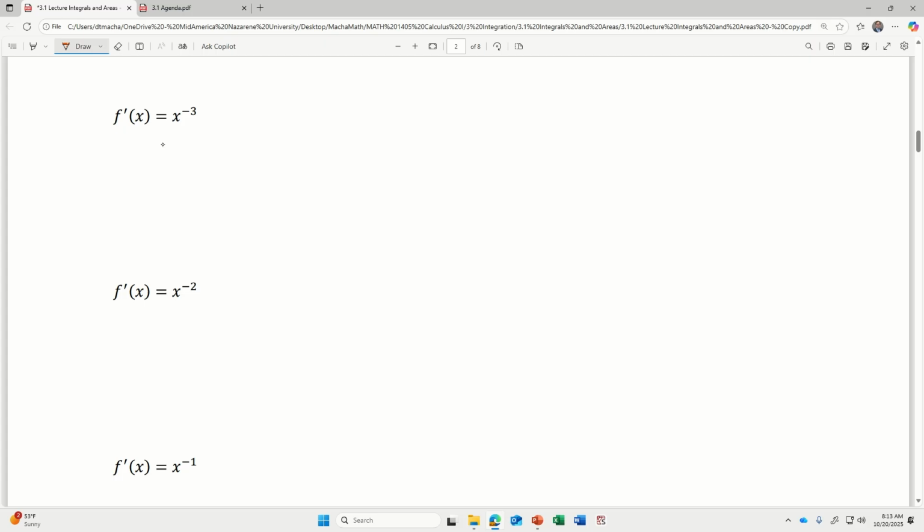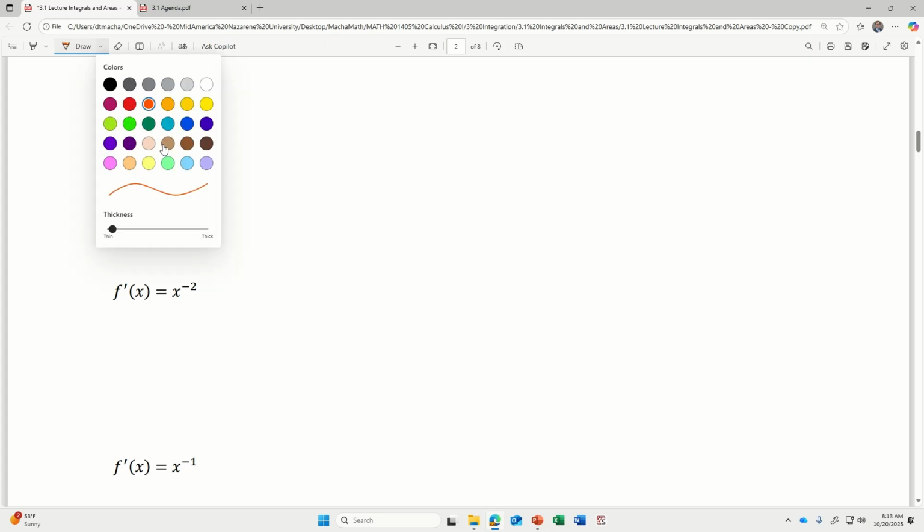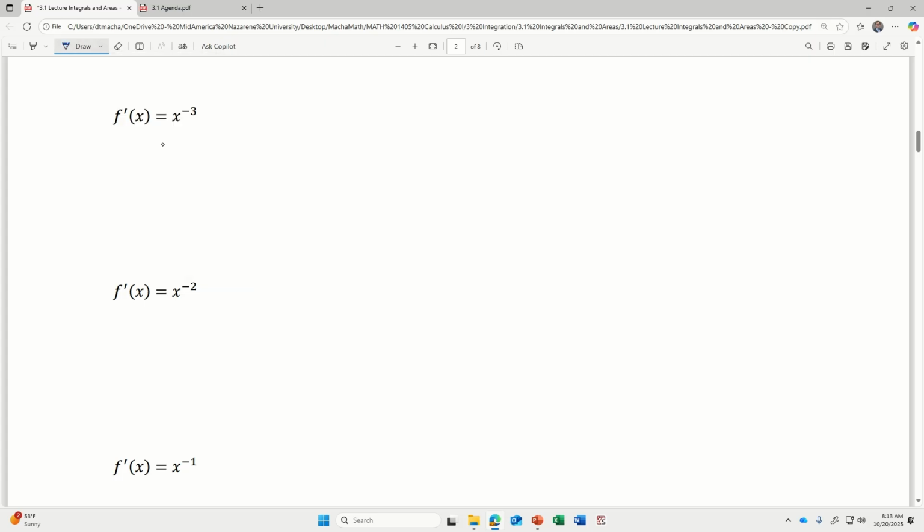So if my derivative is x to the negative 3 power, what would be my original function? Negative 1/2 x to the negative 2 power. Yeah, you're right. So add 1 to the exponent, you get negative 2.